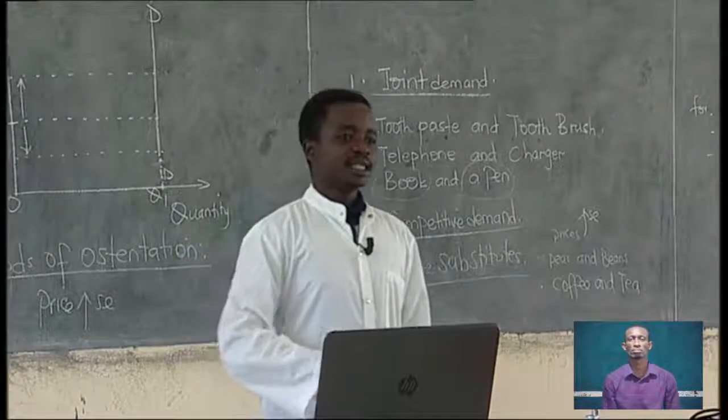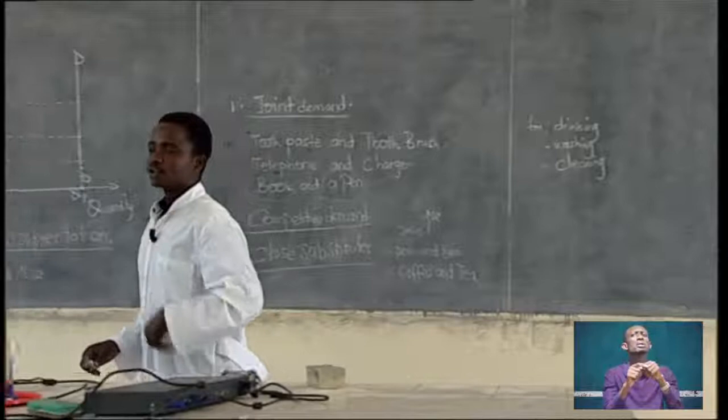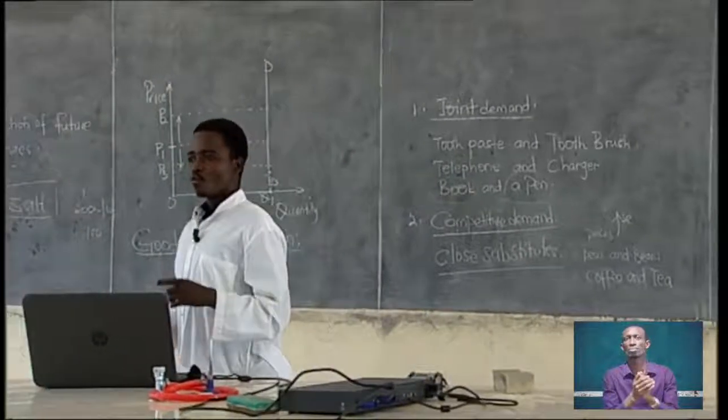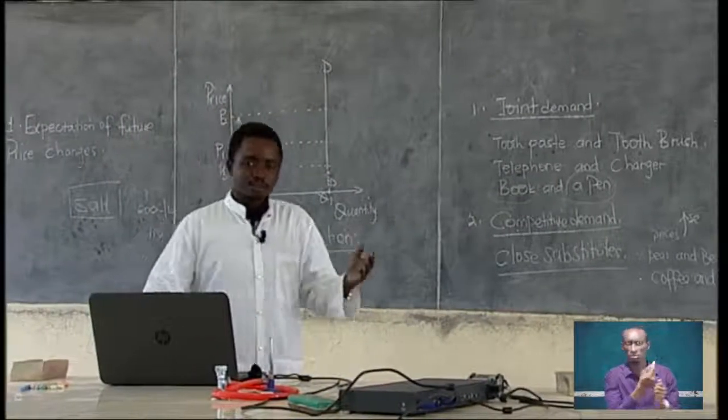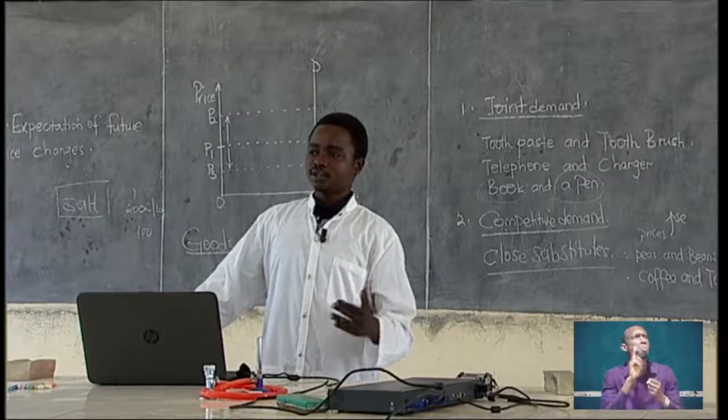Then we have derived demand. This is the demand for a factor of production as a result of the demand for another good. For example, if there is an increase in the demand for sweets, you have to know which raw materials we use in the manufacture of sweets.